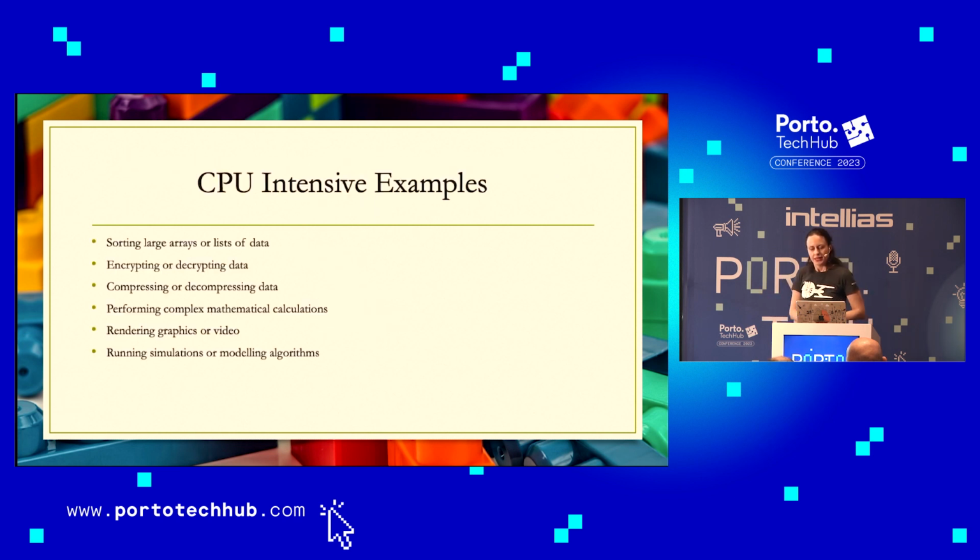So the CPU intensive examples, and you have them here in the slide, represent a type of problem that requires a lot of processing power to solve. Usually mathematical problems like performing complex mathematical calculations, or rendering graphics or videos, or encrypting or decrypting data, or anything that deals with security, and it requires a lot of compression and so on, that's CPU intensive.